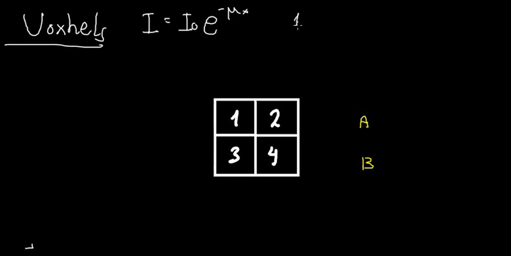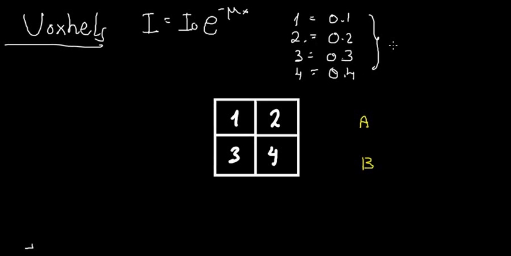Let's say square 1's absorption coefficient is 0.1 units. Number 2's absorption coefficient is 0.2, and I'm just arbitrarily making them increase. And the distance for all of these is going to be the same, 1 millimeter.